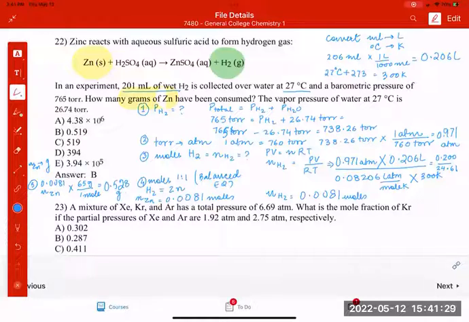Okay, because we round and all that, choose the closest answer. So it's B, 0.519. Okay, got it?